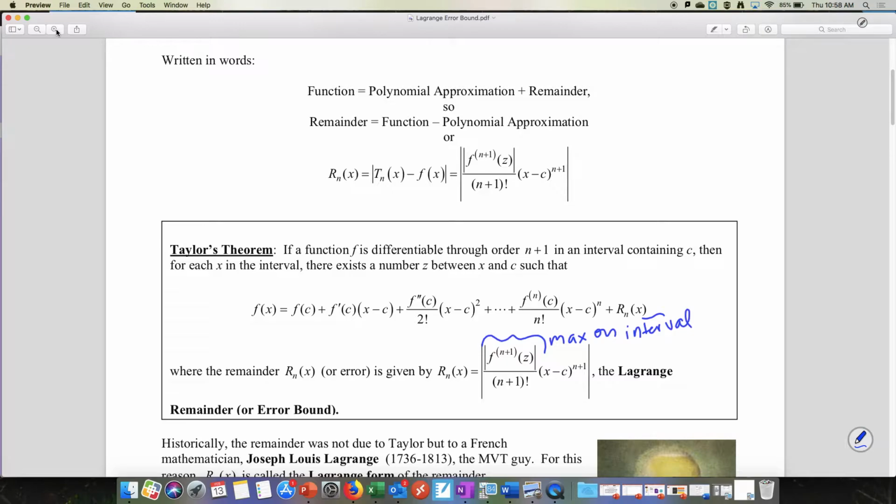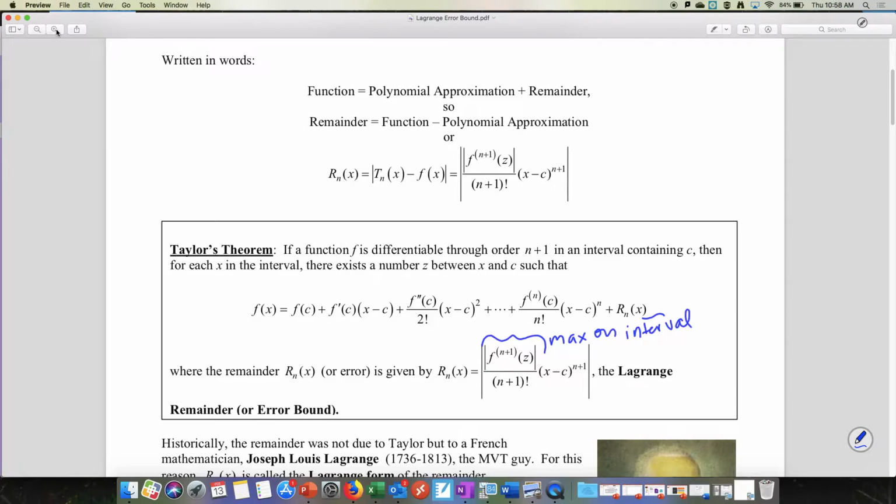So this is going to be a numeric value. If you wrote a 5th degree polynomial, your remainder is going to be 6th derivative over 6 factorial times x minus c to the 6th. If you have an 8th degree polynomial, you're going to use 9s for that term.